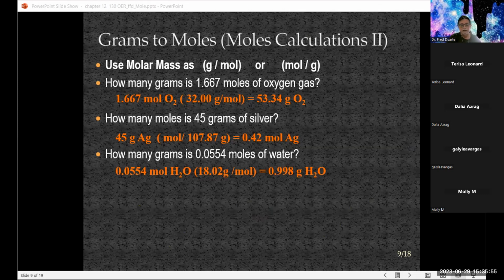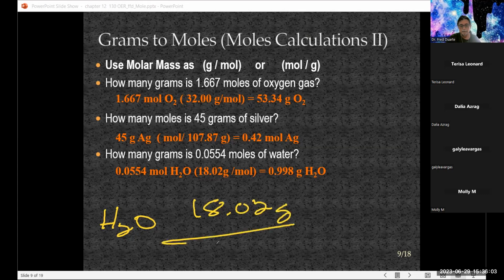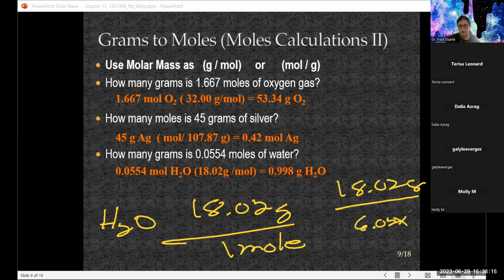All right, we got water here. Its molar mass is 18.02 grams per 1 mole. Another way to write that is 18.02 grams per 6.02 times 10 to the 23rd molecules of water.